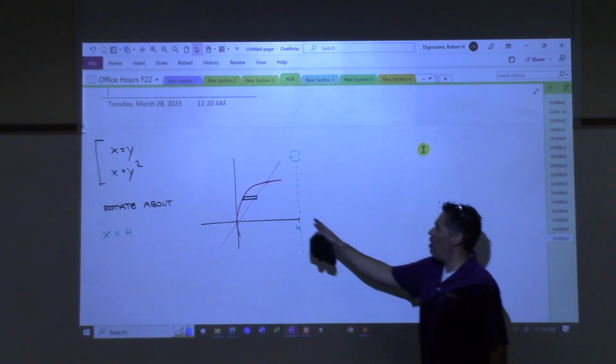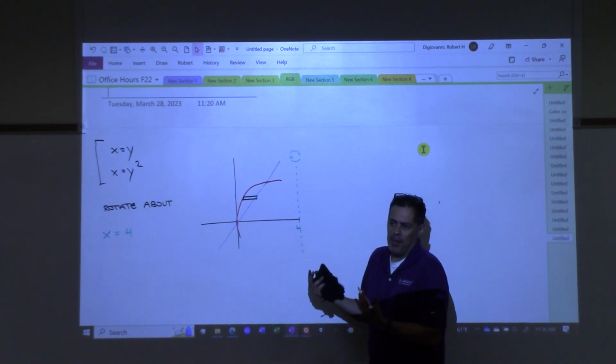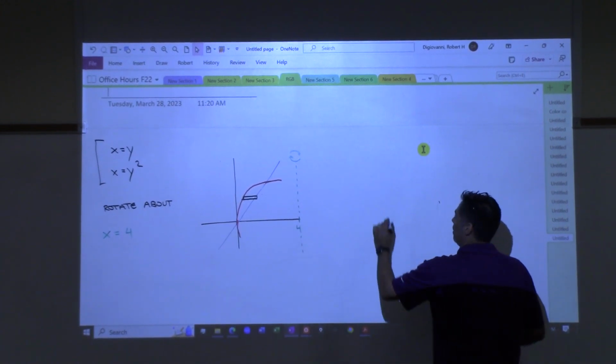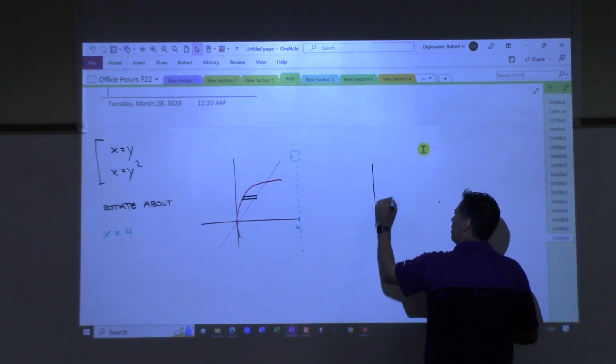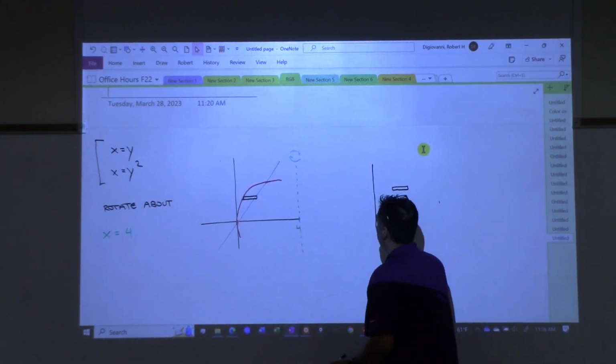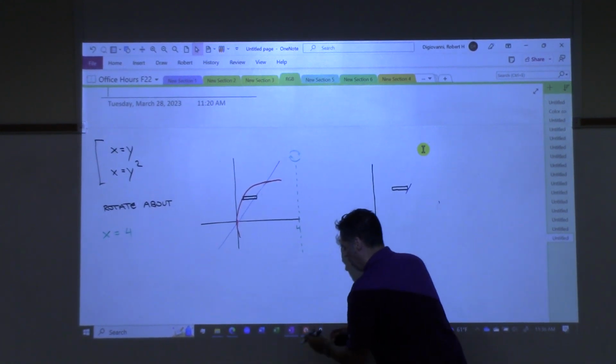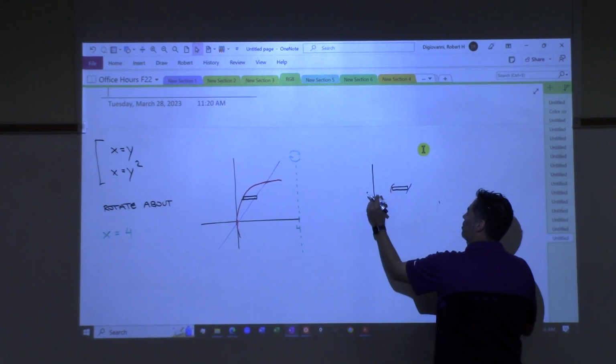You could do all your R in, R out over here. You could do it on this, but I always like to just do a separate picture. That's just my personal preference. It's the way I did it when I was a student. So I've got the blue over here, got the red here. Let's go ahead and just say what those are.